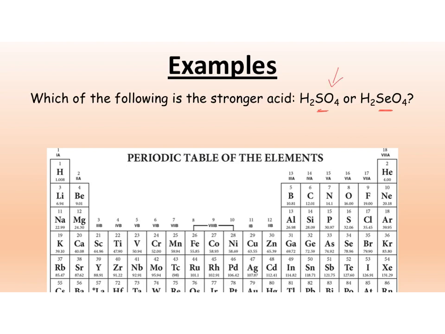They have the same number of oxygens and the same number of hydrogens, so the only thing that's changed is that X element, the other element. When we're comparing those two, we're looking at the electronegativity of that different element. S is definitely more electronegative. Because S is more electronegative, H2SO4 is going to be the stronger acid.